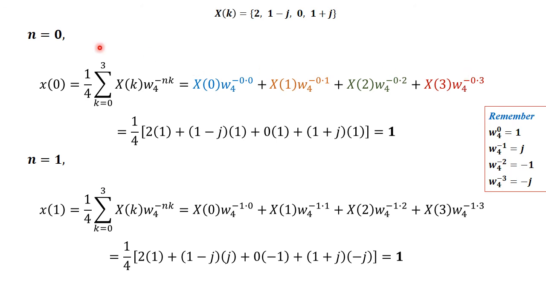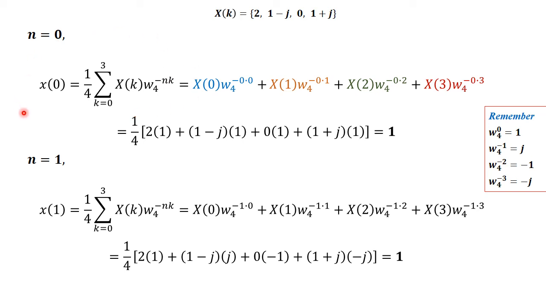Continuation. So at n is equal to 0, the first calculation we are going to make. So x of 0 is equal to 1 by 4, the scaling factor with respect to capital N. So N value is equal to 4, that is being represented over here. So 1 by 4 summation k is equal to 0 to 3 x of k omega 4 to the power minus nk we are going to have.